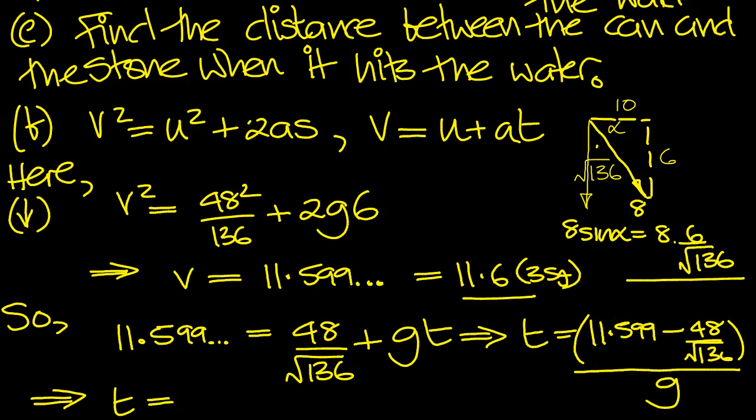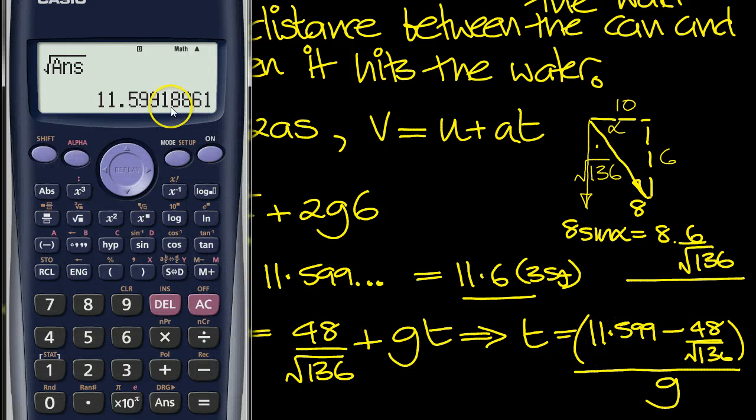We already have this number in the calculator, so minus 48 divided by the square root of 136 equals, and then divide that by g, 9.8.